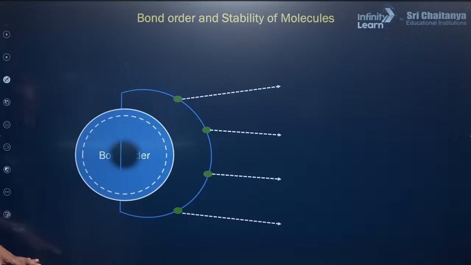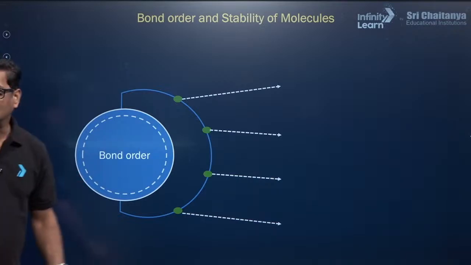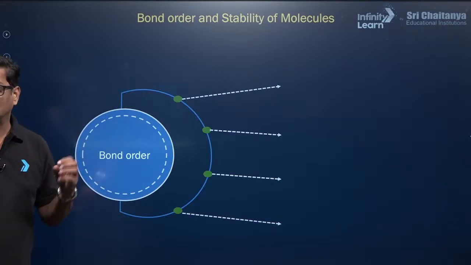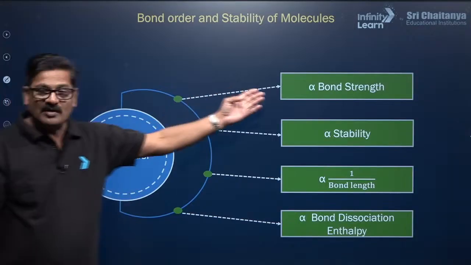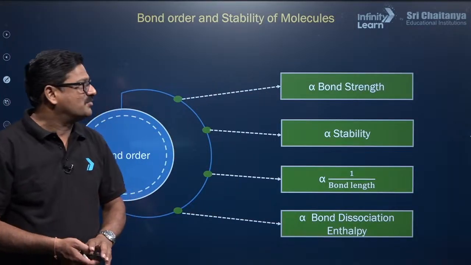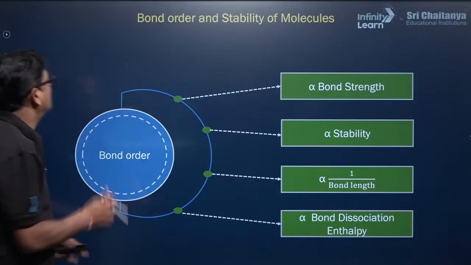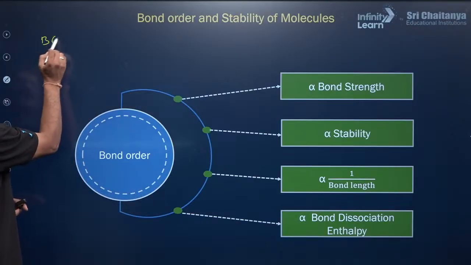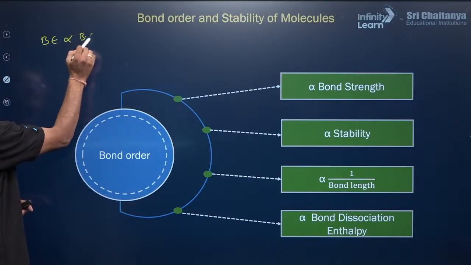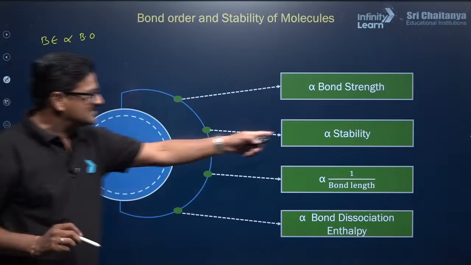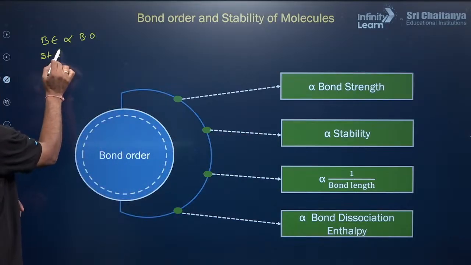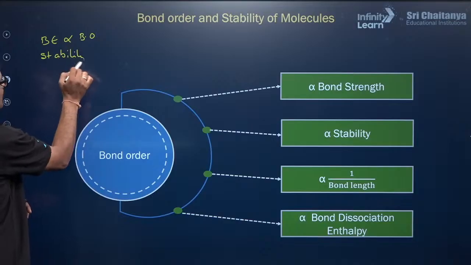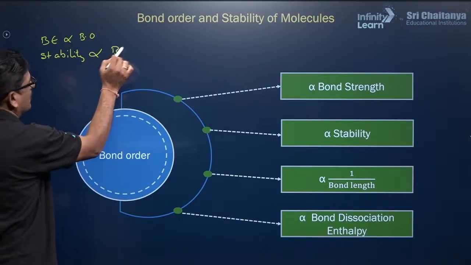Now I just want to talk about bond order. This bond order can give you many important pieces of information. Bond strength, that is bond energy, is directly proportional to bond order, and the stability of molecules is directly proportional to bond order.